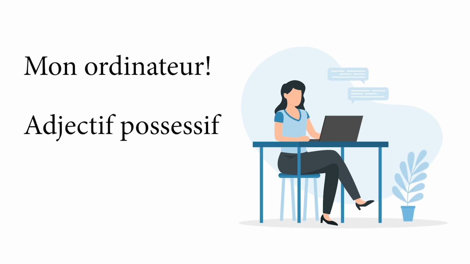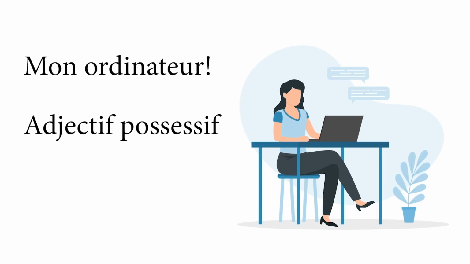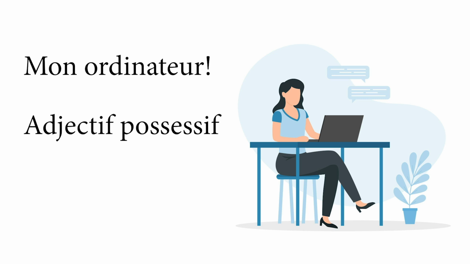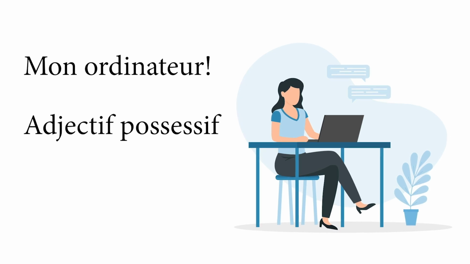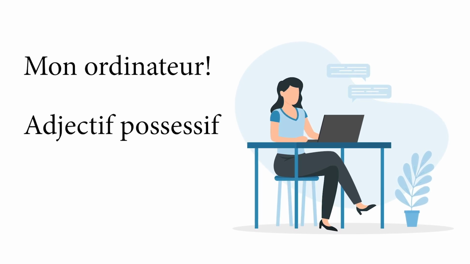What are the possessive adjectives? Possessive adjectives indicate to whom an object or an idea belongs. Mon ordinateur means my computer. Mon idée, my idea. Similarly, we have also seen in our previous lessons ta chemise, your shirt.